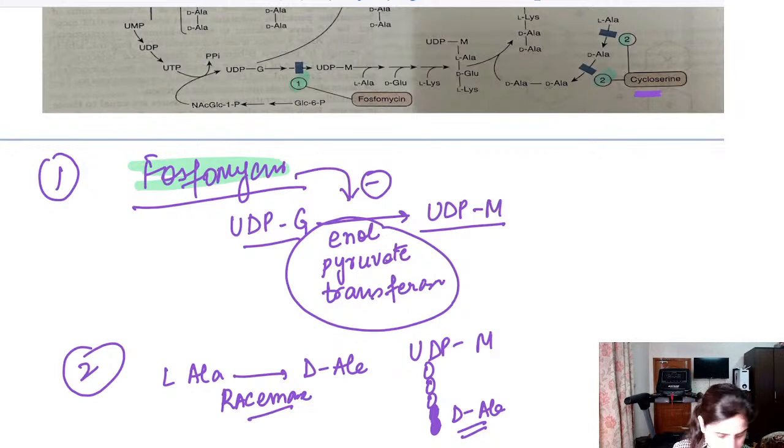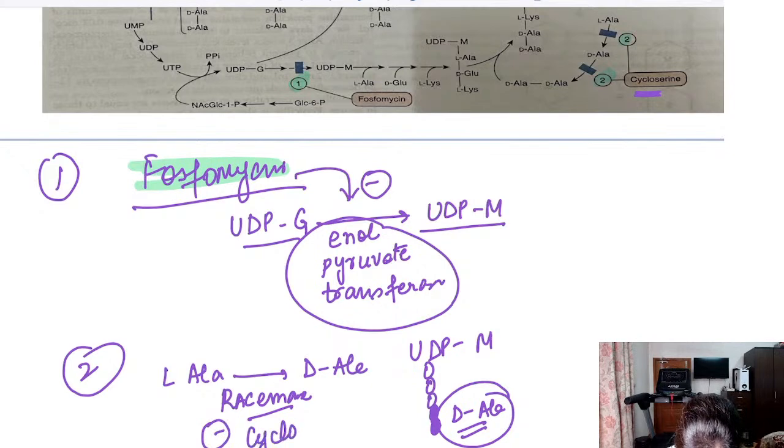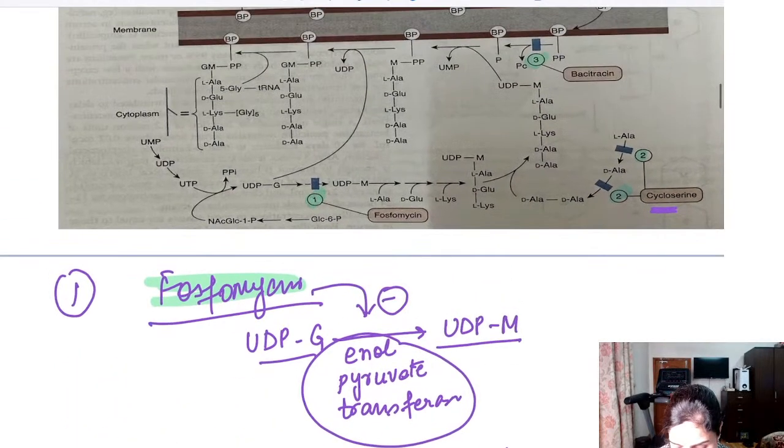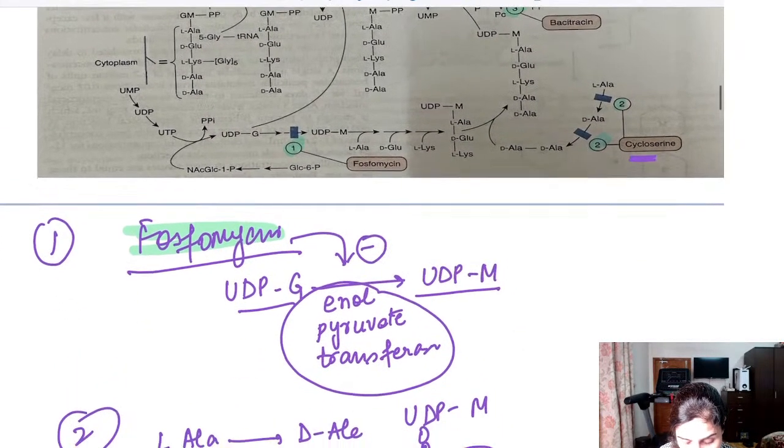Racemase is an enzyme which is responsible for conversion of L-alanine to D-alanine, and if this D-alanine is not formed, then the whole 5 amino acids won't be there, and there won't be any synthesis of the cell wall. So this enzyme is blocked by cycloserine. That is your step number 2.